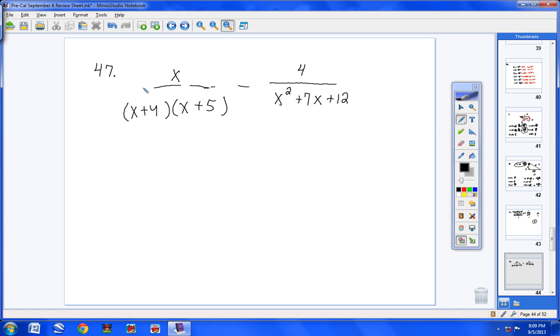Notice there's nothing common that I can factor out. And so I see that I'm left over with the trinomial lead coefficient of 1. So I'm going to list out all the factors of 12 until I come up with one that adds up to 7, which would end up being a positive 4 and a positive 3. When you multiply those, you get 12. When you add those, you get 7. And so I'm going to factor this. I would get x plus 4, x plus 3.